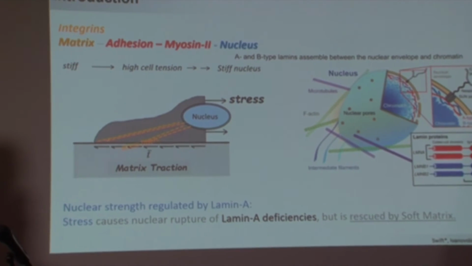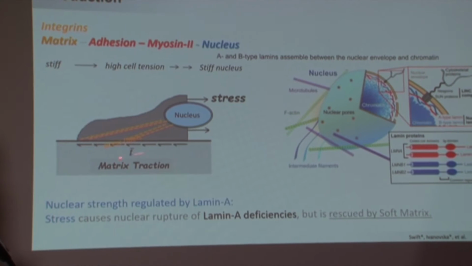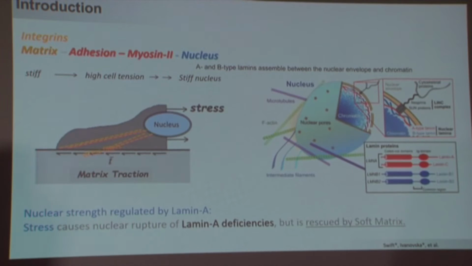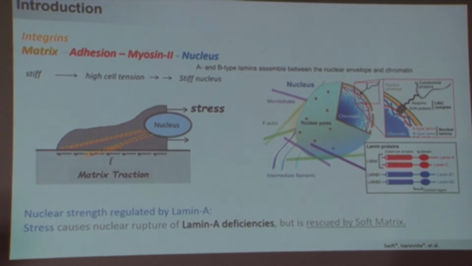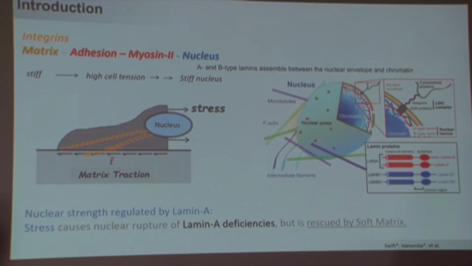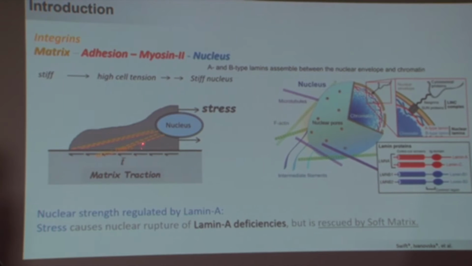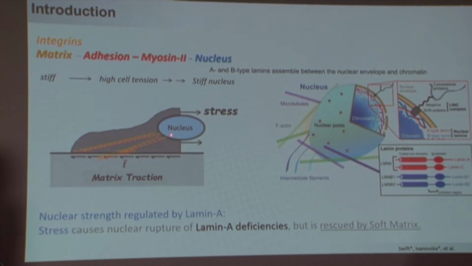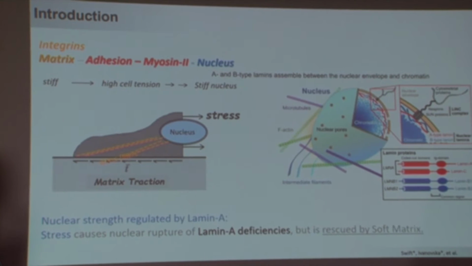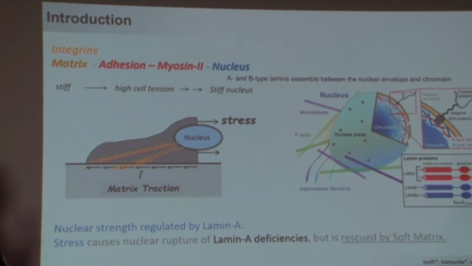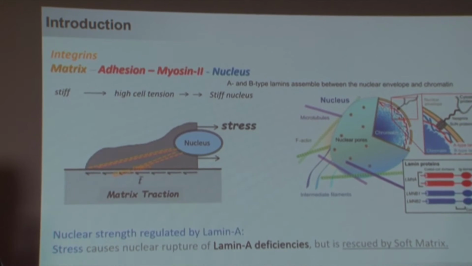So the reason for this is that cells exert forces via adhesions on their matrix, and usually they are tuned to their specific matrix stiffness. And if we have a pathological stiffness in diseased tissue, then they have to exert higher forces, and those forces are transmitted to the nucleus, and the nucleus has to sustain them without breaking.